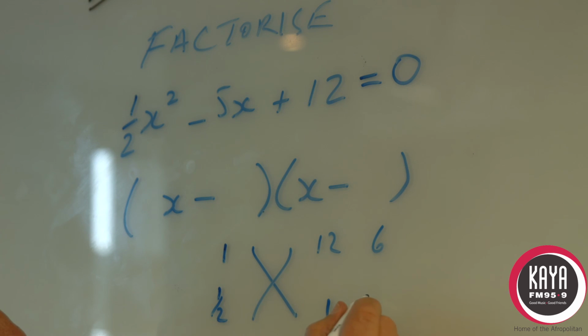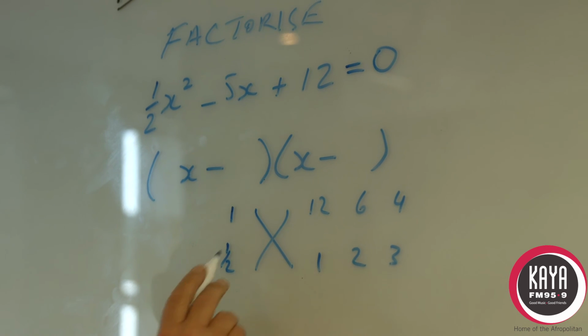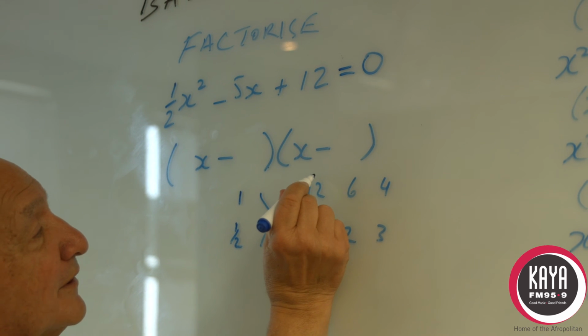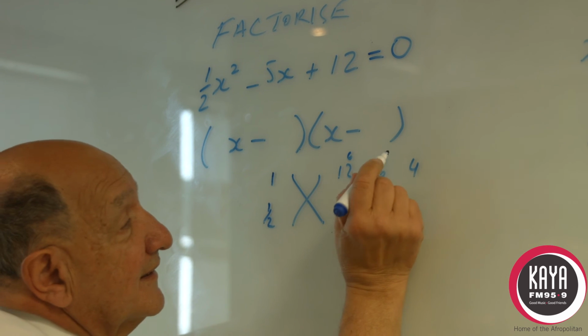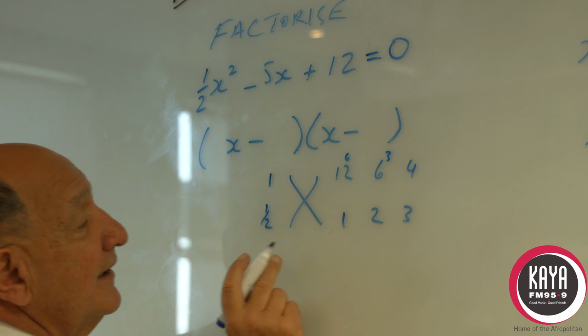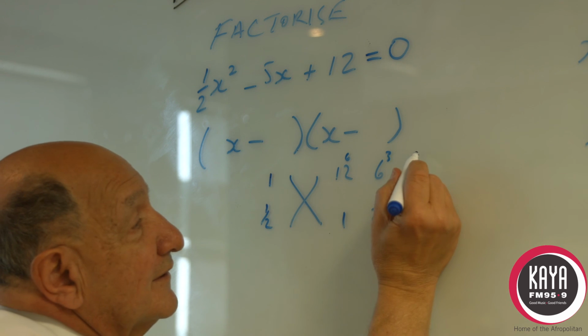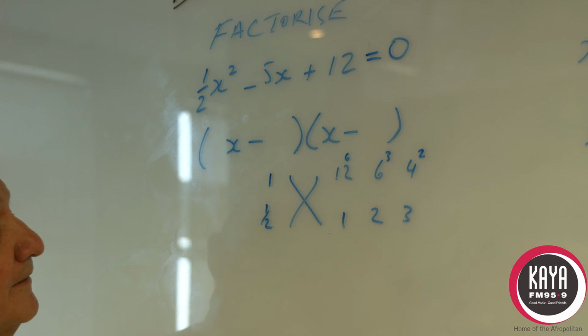It was 6 and 2. And it was 4 and 3. So if we multiply a half times 12, we're going to get 6. If we multiply a half times 6, we're going to get 3. And a half times 4 is going to give us 2.